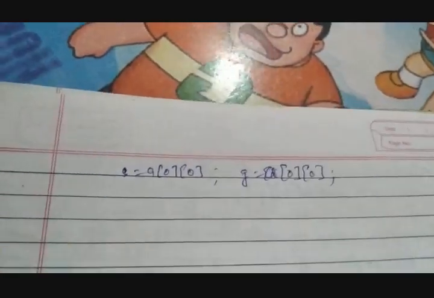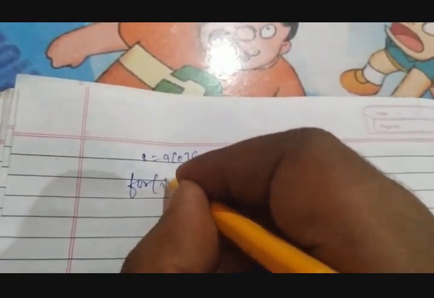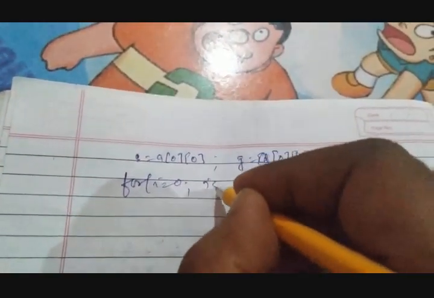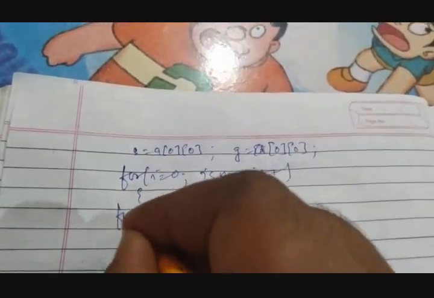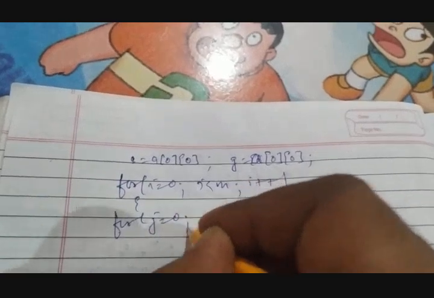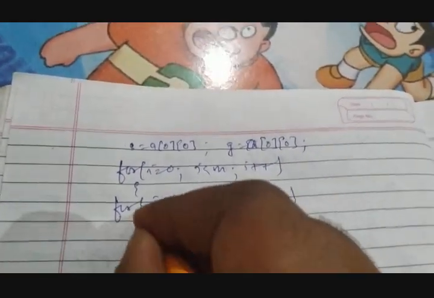Alright, now we go for the logic of it. So for i equals 0, i less than m, i plus plus, for j equals 0, j less than n, j plus plus.